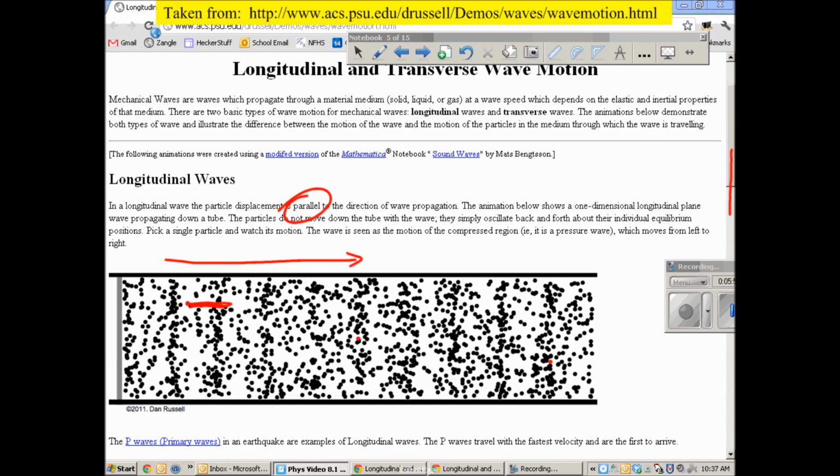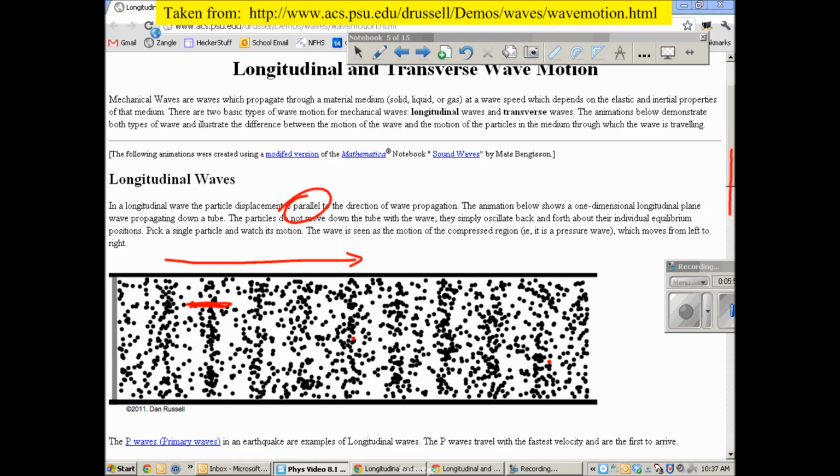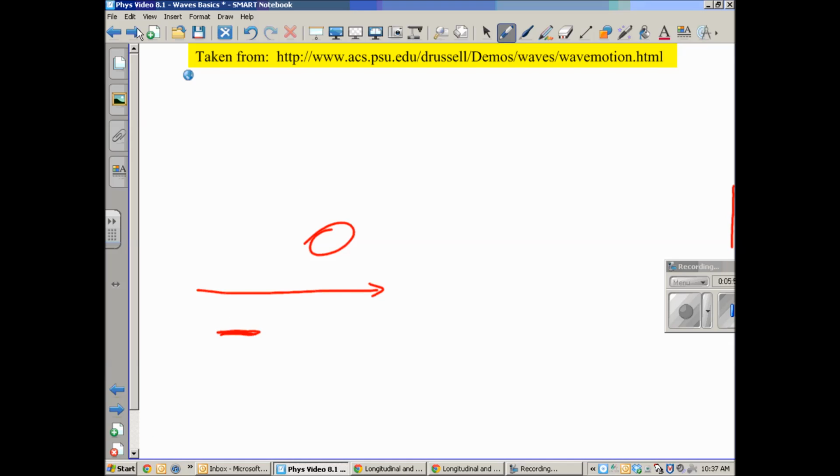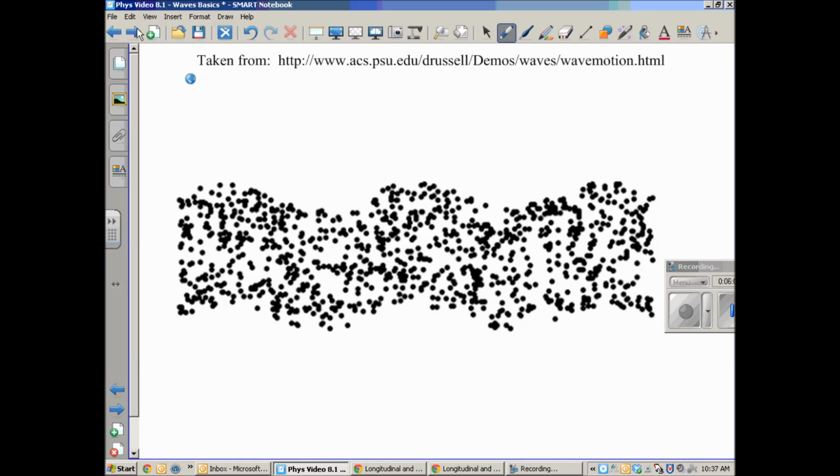Now, you need to know the parts of these two types of waves. So I believe that the next page has those. Here's a drawing of our transverse wave. More often than not, if you were to draw it, it would look like this.